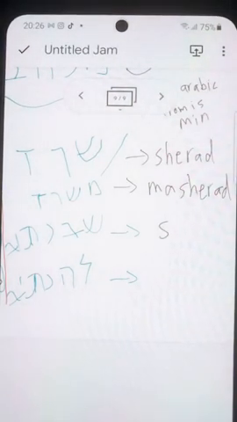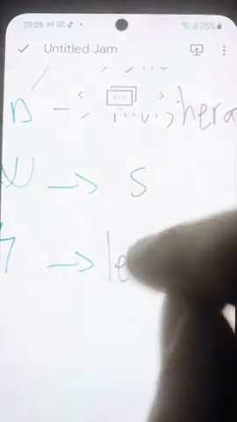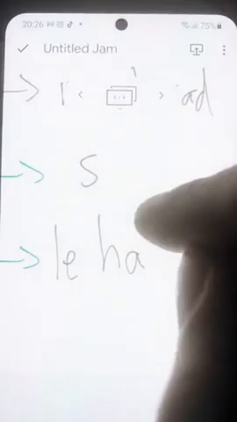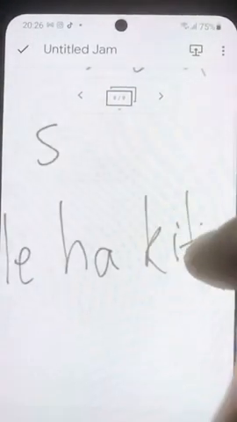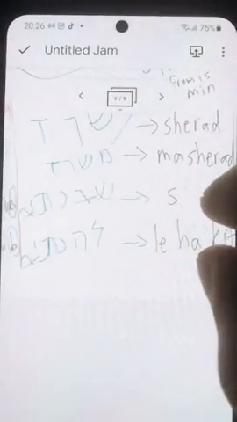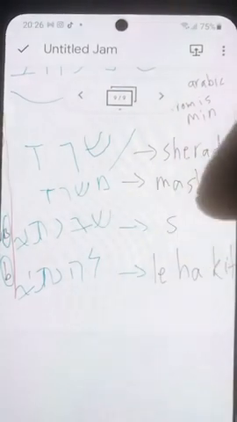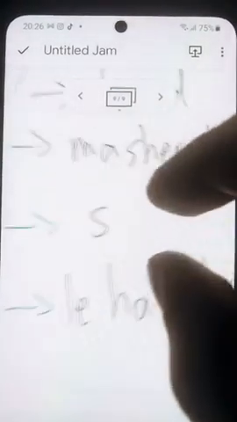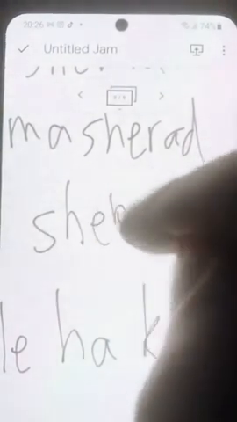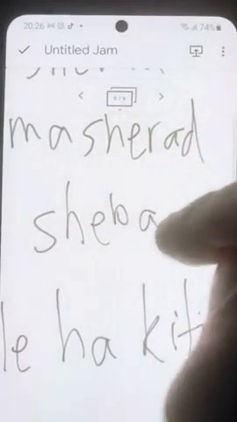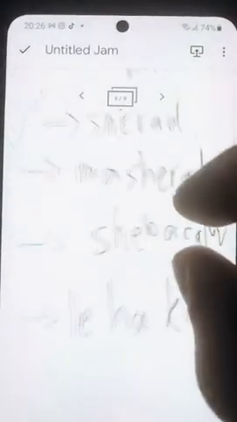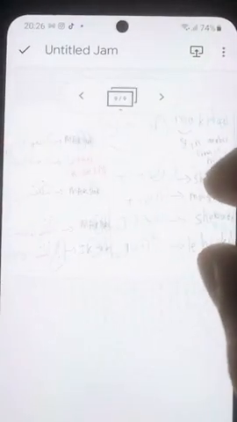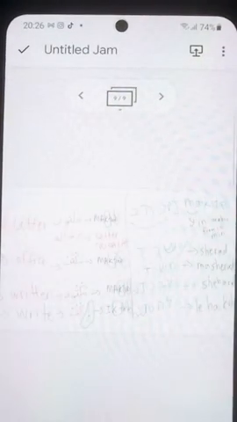We put wow to the letter we want to give a long O vowel sound, and we put a ya to the letter we want to give a long E vowel. So let's review. I will write them in red because it's better. So alif, wow, yeah. And the example would be like this.